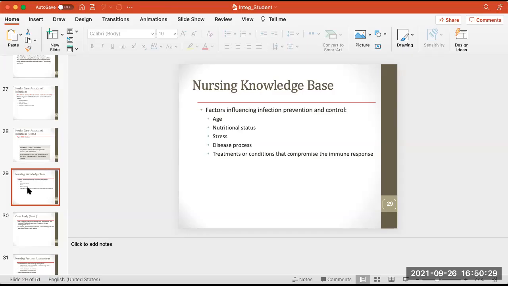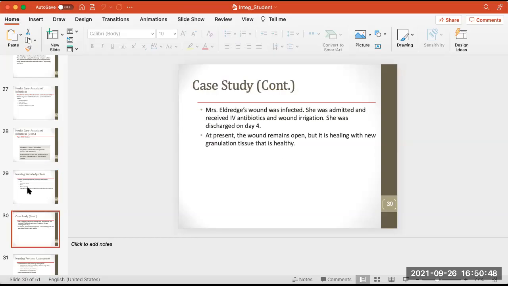Any compromised immune system? Because like I said, what if he or she has asthma, or they are on 10 to 12 days of prednisone treatment, or they have some sort of inflammatory bowel disease, which has forced them to be on corticosteroid treatment, or other factors that we said before.